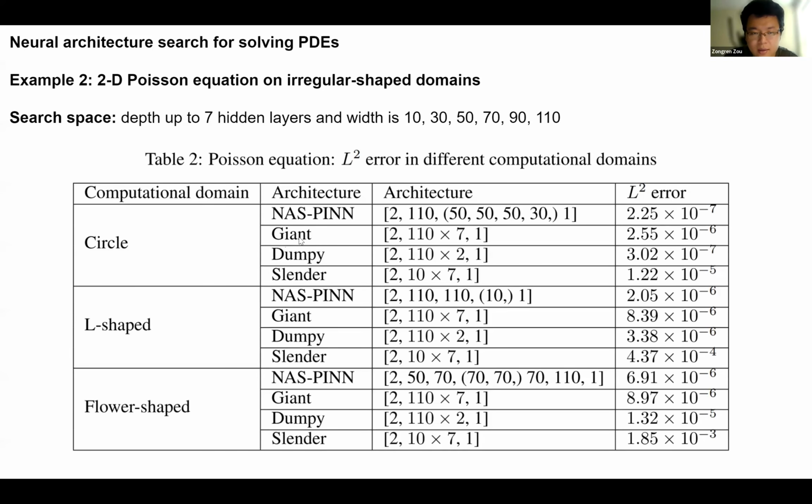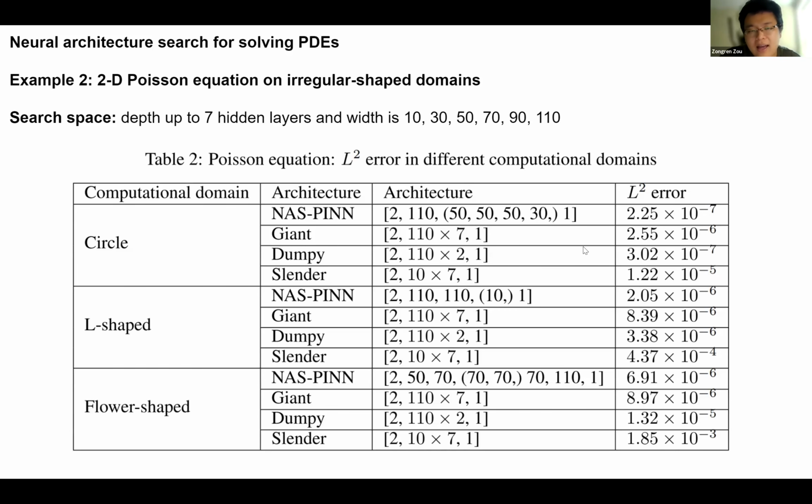They are named giant, dummy, and slender. The giant is the deepest and the widest. The dummy is the shallowest but the widest. The slender is the deepest and the least wide neural network.